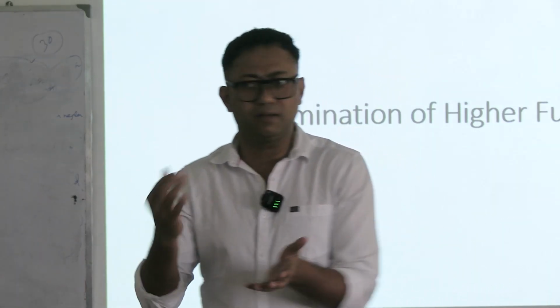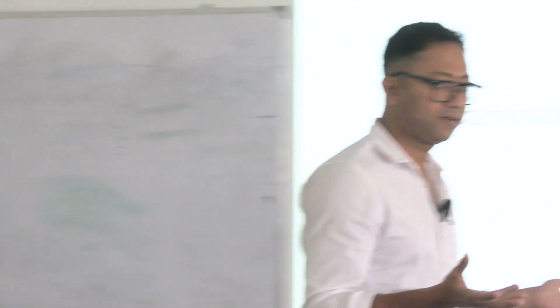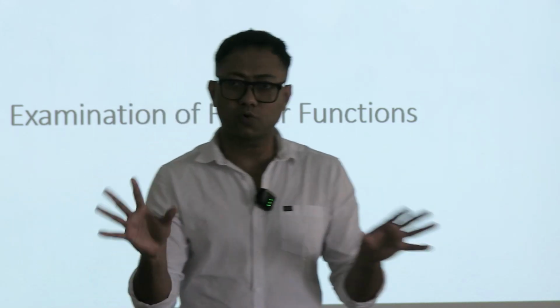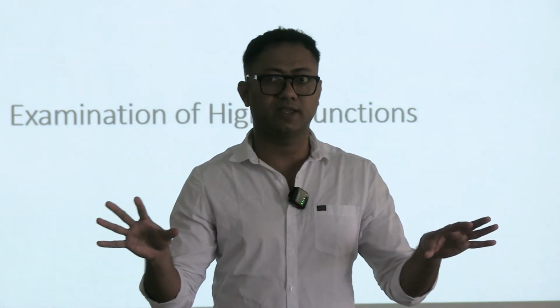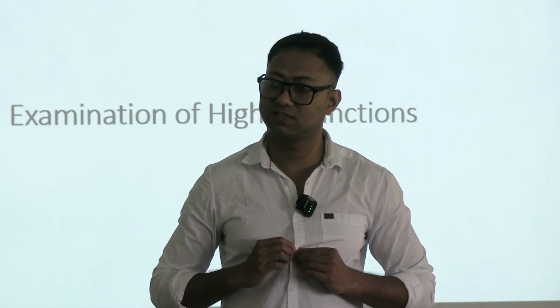So for this, you need muscle coordination, you need proper nerve supply, to do this. But your motor function is okay, your muscles are okay, your nerves are okay. Still, you are unable to do this.